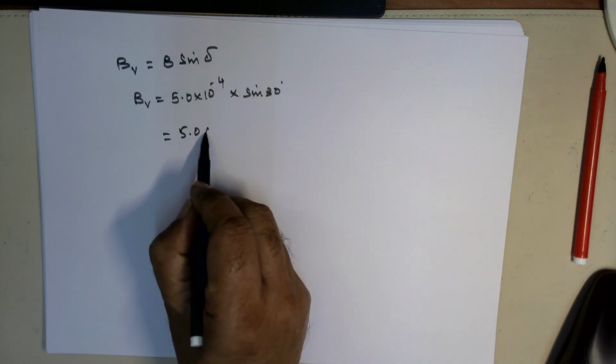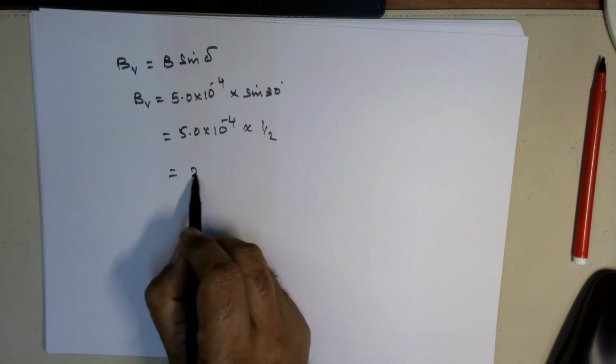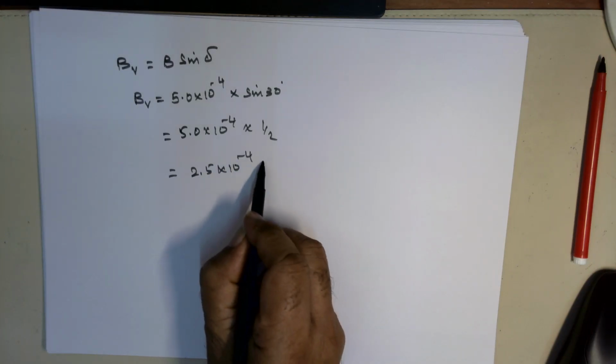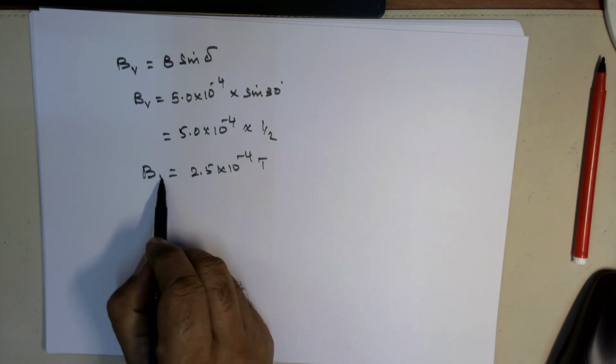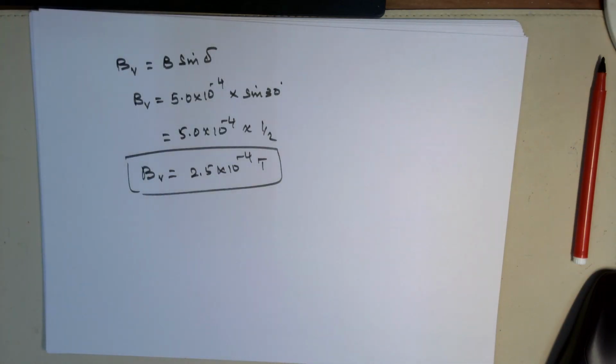Therefore, 5.0 into 10 power minus 4 into 1 by 2. So that is 2.5 into 10 power minus 4 Tesla. This is the vertical component of the Earth's magnetic field, BV. That we have calculated, and that field is going to be utilized in inducing EMF.